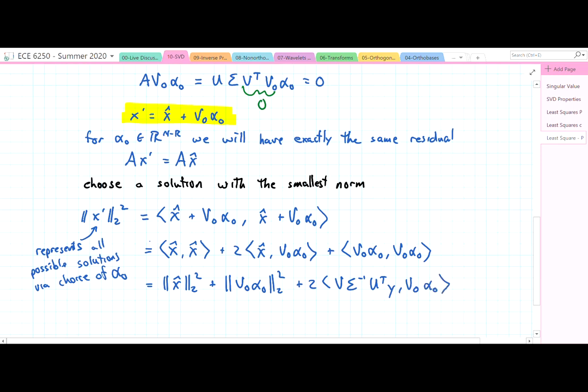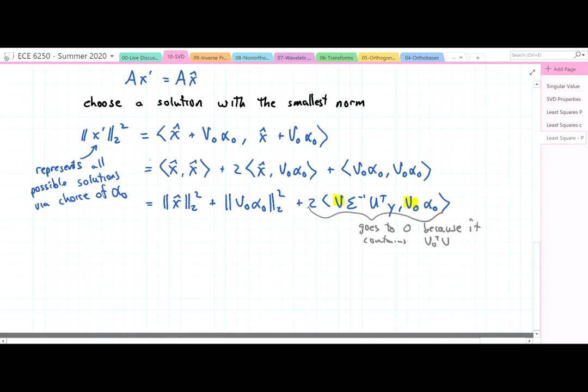Now when we perform that inner product, we take the second term, find the transpose or the Hermitian transpose, and multiply it by the first term. So we would have V naught transpose times V, and so this goes to 0 because it contains V naught transpose V.